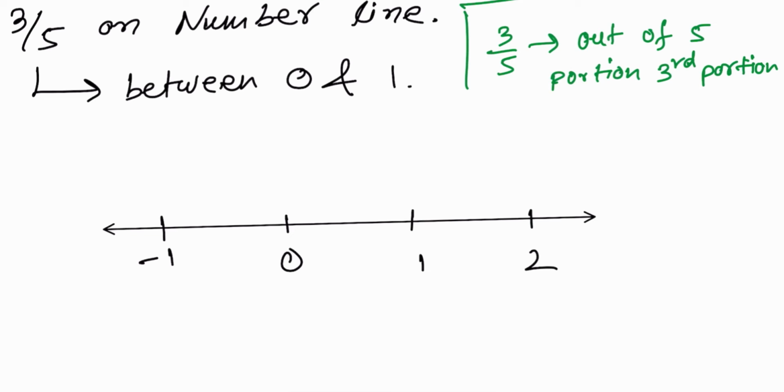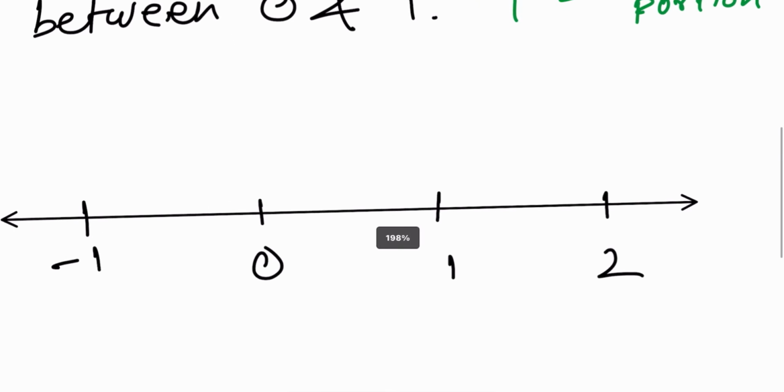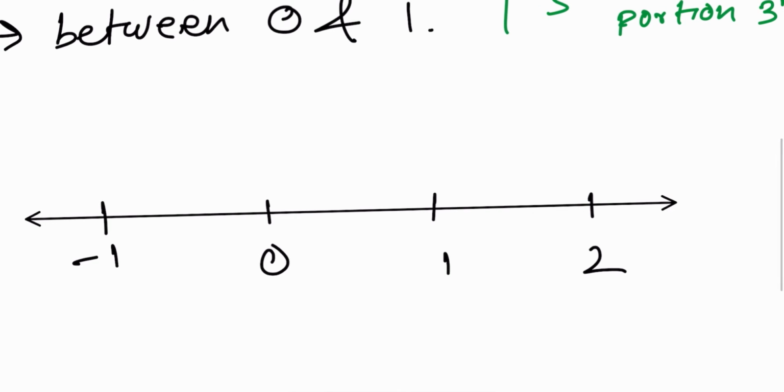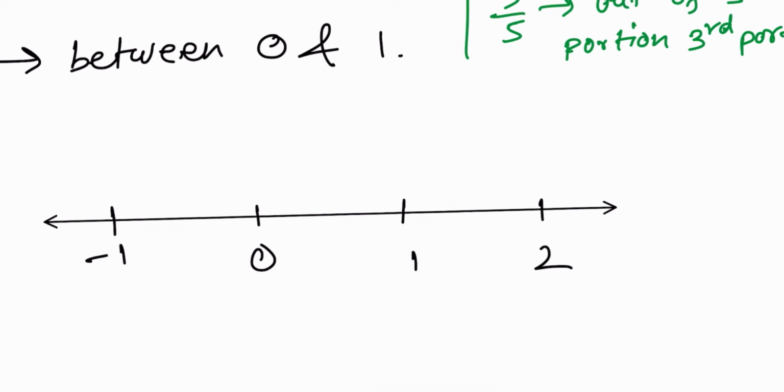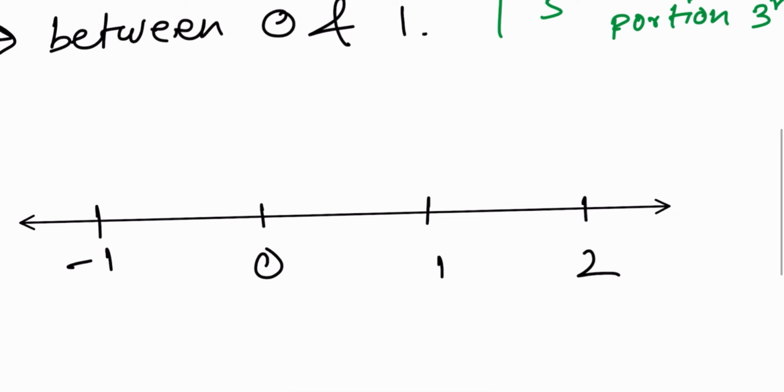So how to put that? The main question is how to get the third portion out of 5 portions. So 5 portions we have to make between 0 and 1. We have to divide the region between 0 and 1 into 5 equal parts.